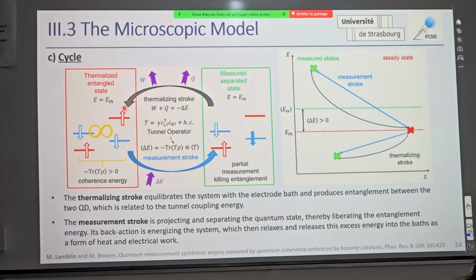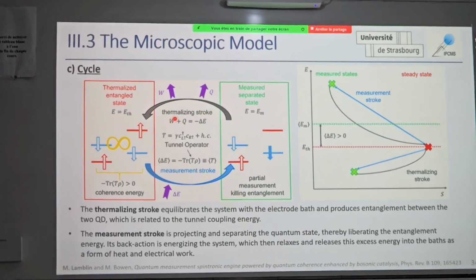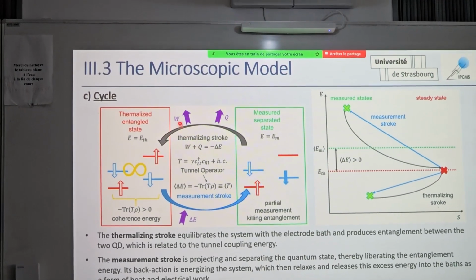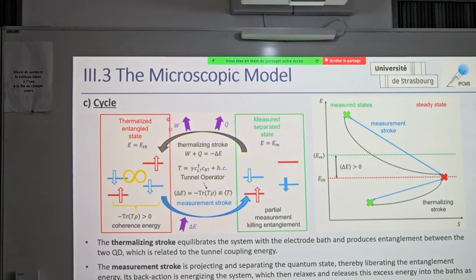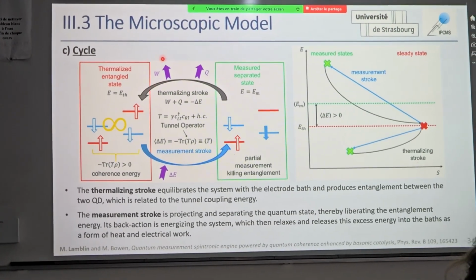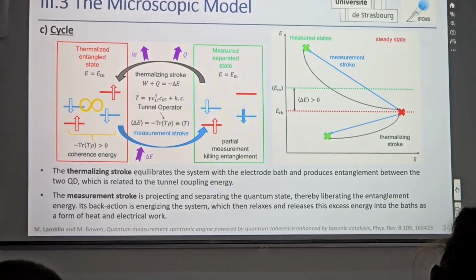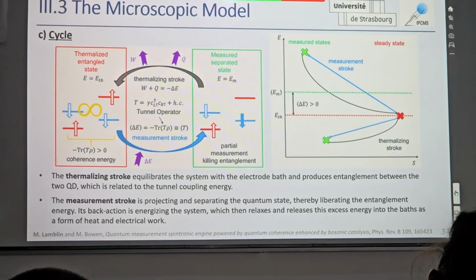Finally, during the other thermalizing stroke, the system relaxes, it lowers its energy, and part of this energy can be harvested as an electrical current, which can be used to perform work.